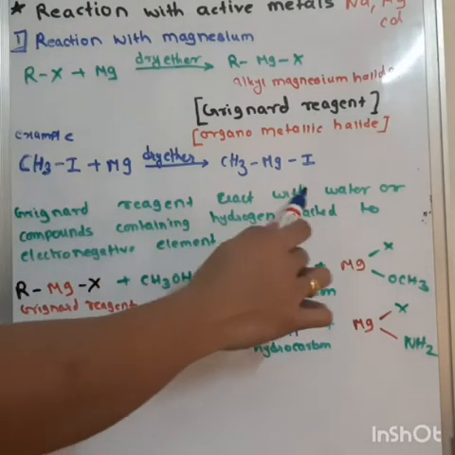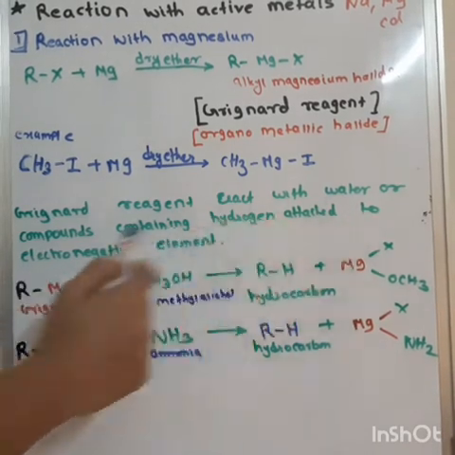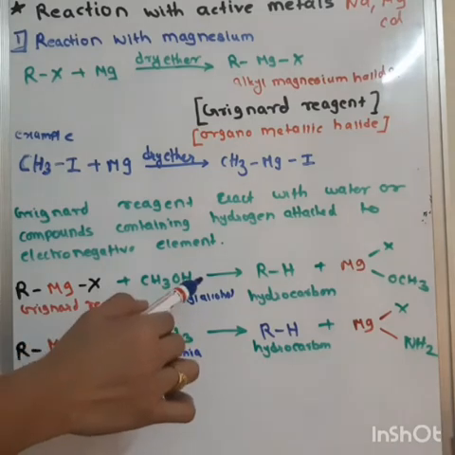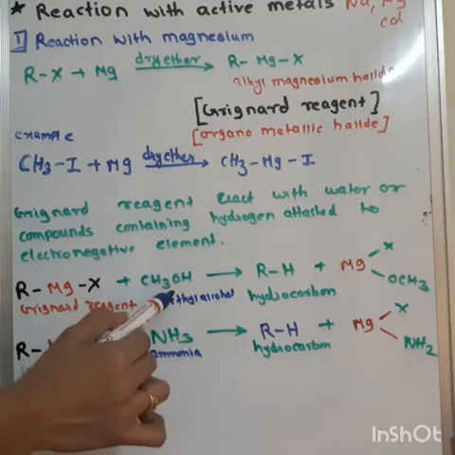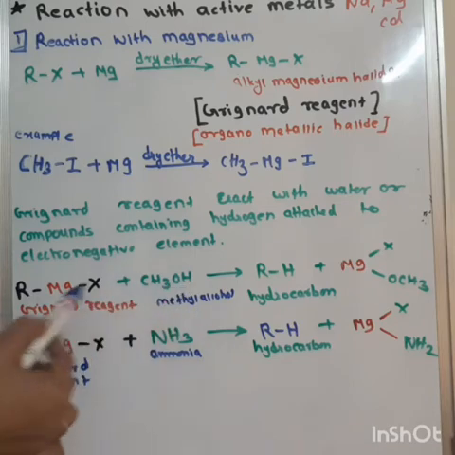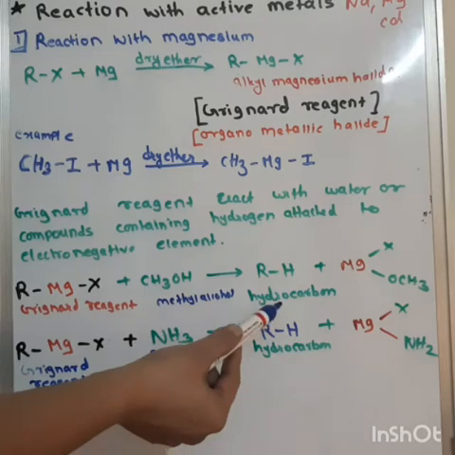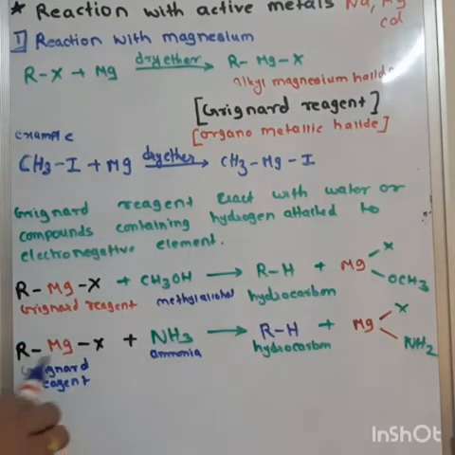Grignard reagent reacts with water or compounds containing hydrogen attached to an electronegative element. So Grignard reagent reacts with such types of compounds to form hydrocarbon and such types of complexes are formed.